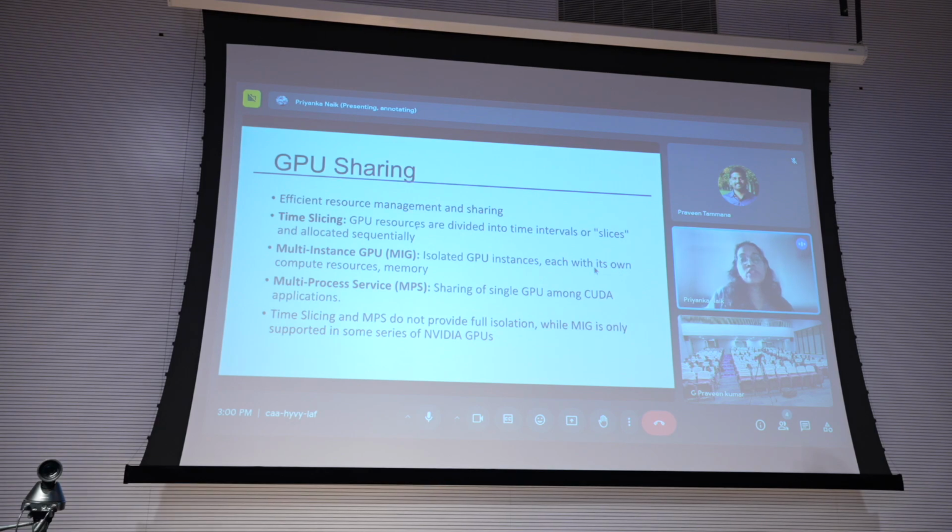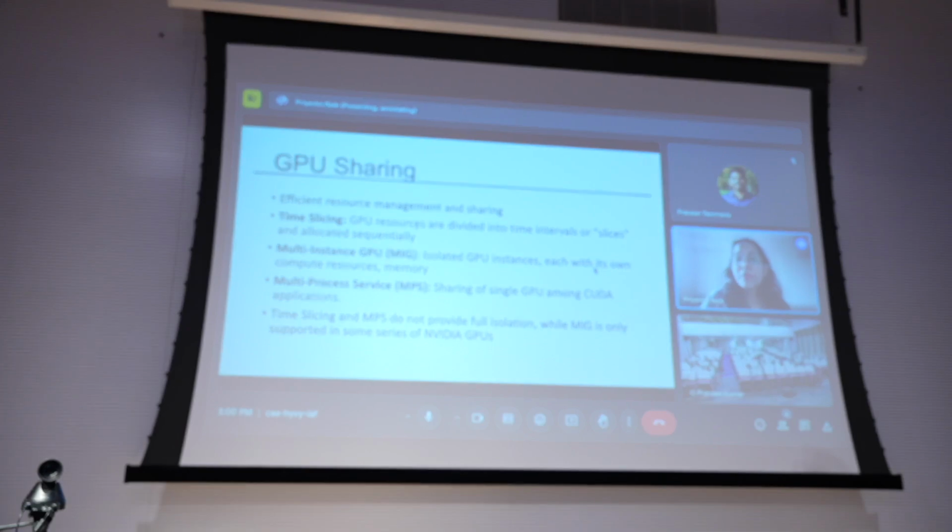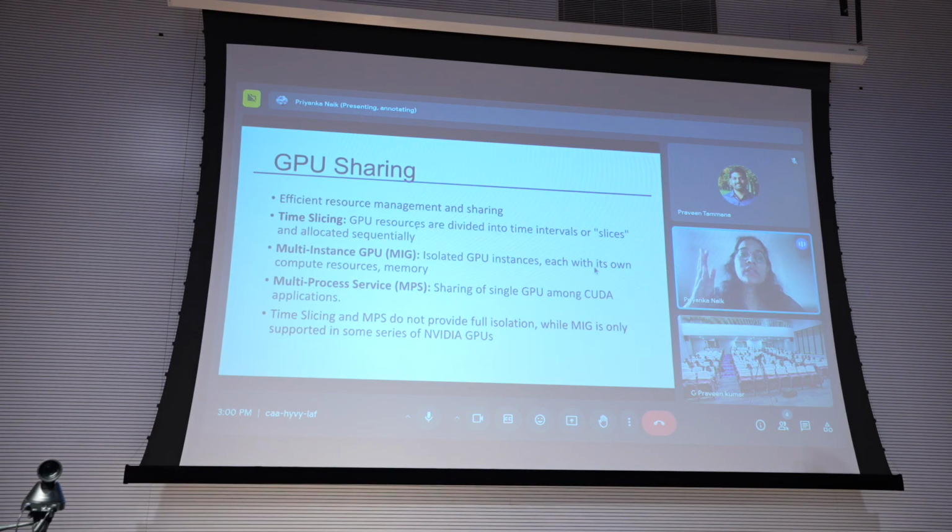Next, what we can talk about from a system point of view is the compute, right? The GPU is a very costly resource for us right now, so you need to utilize these GPUs efficiently. That is, there should not be any GPU cycles or GPU time that is wasted. So there are techniques used for efficient GPU compute management. You can share these GPUs efficiently across multiple users and multiple applications.